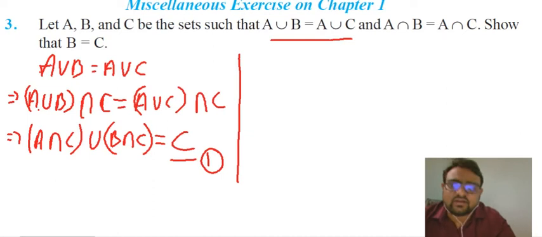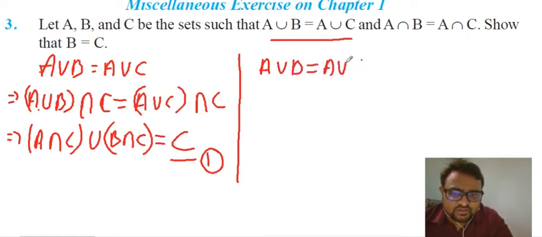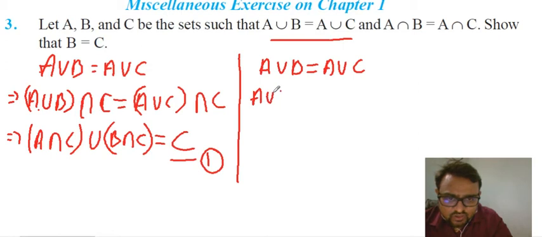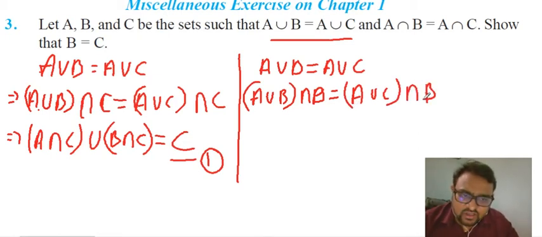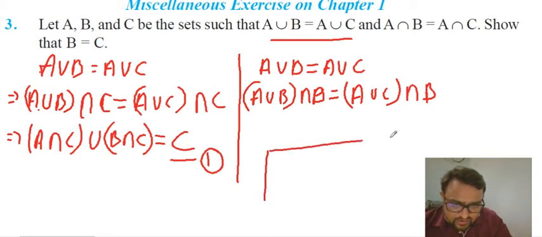Now I will take again the same thing, that is A union B equal to A union C. Now I will take intersection with B on both sides, means (A union B) intersection B equal to (A union C) intersection B. Again, I am showing you in the Venn diagram.